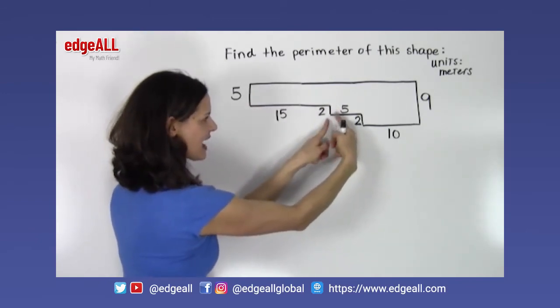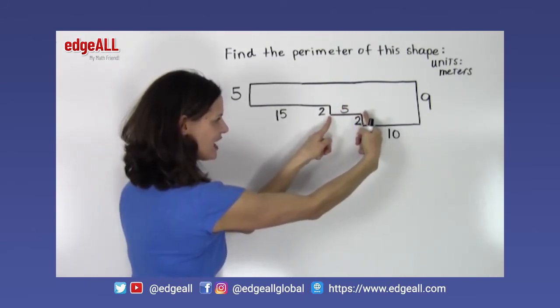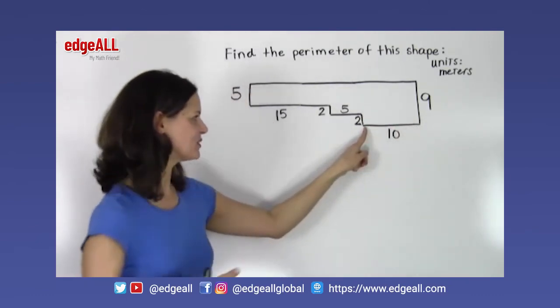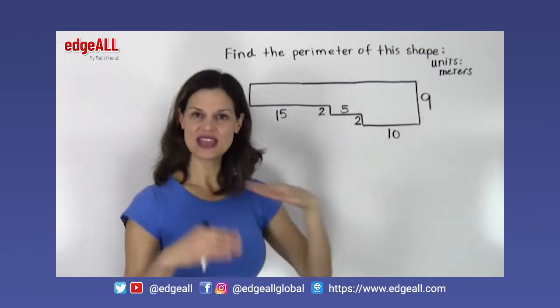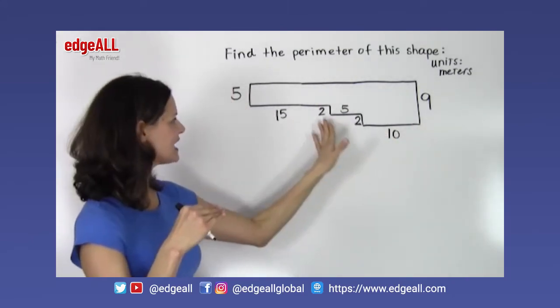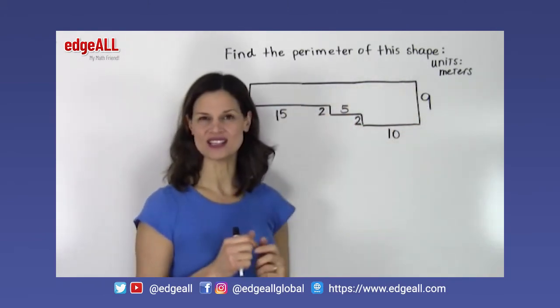Now this 5 here goes with this horizontal measurement of 5, and then the last horizontal measurement here is a measurement of 10. And so again, if we lined those horizontal pieces up, we would see that they equal the same as this long horizontal length.